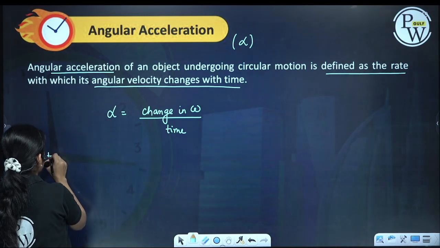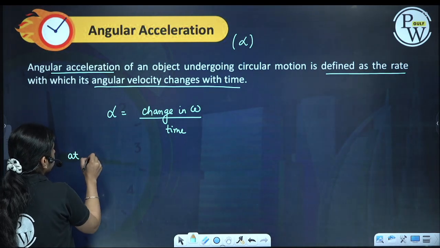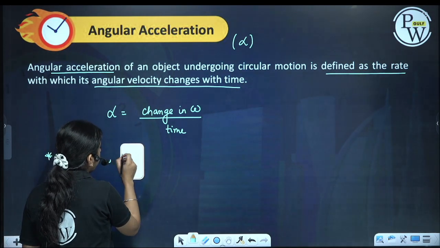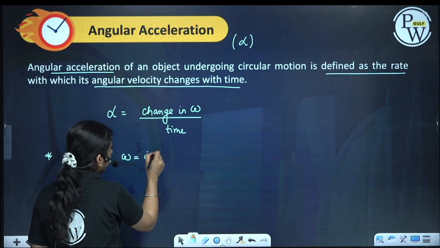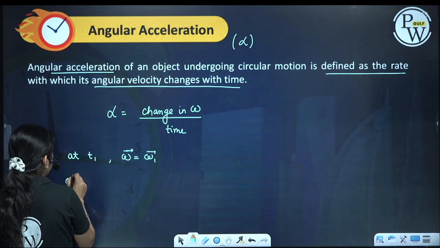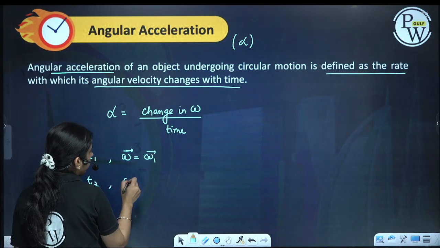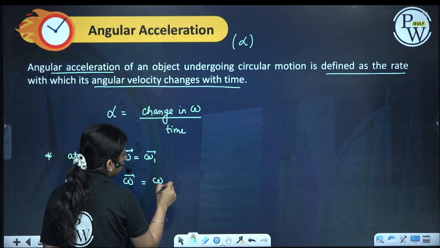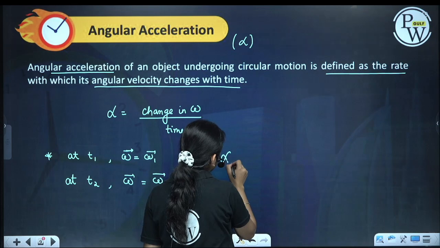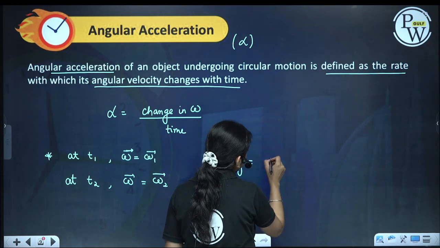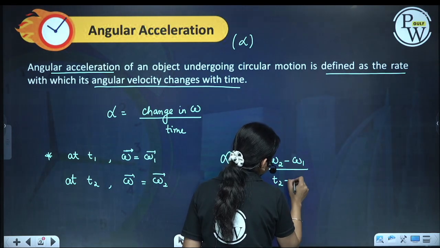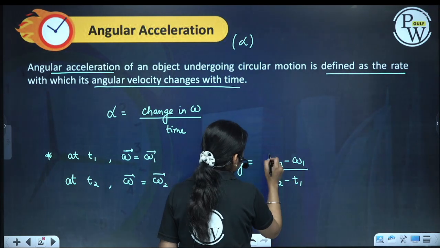So if at time t equal to t1, omega is equal to omega 1, and at time t2, omega is equal to omega 2, then the average angular acceleration will be omega 2 minus omega 1 divided by t2 minus t1.